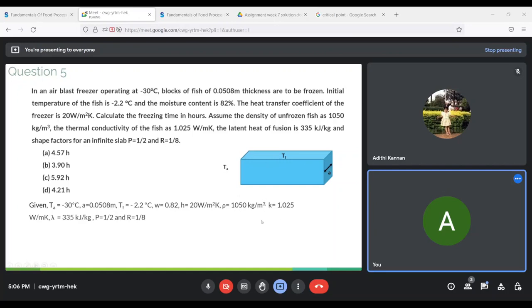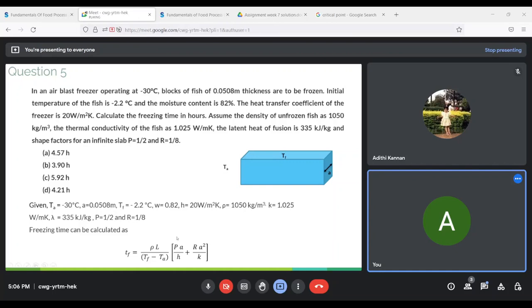The freezing time according to Planck's equation can be calculated as t_F, the freezing time, equal to rho L divided by (T_F minus T_A), times (P a by h plus R a square by k). So rho is the density of the unfrozen food product.